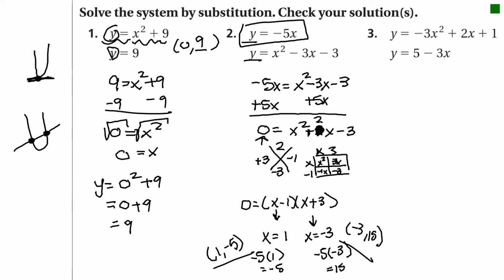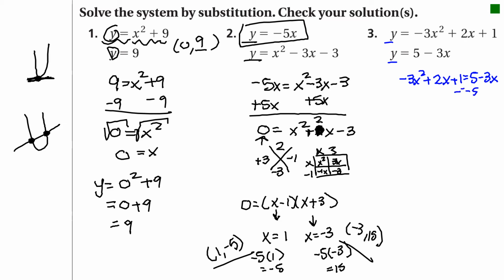All right, let's go to our last problem that we're going to use substitution with. They both have to say variable equals. So we'll have 3x squared plus 2x plus 1 equals 5 minus 3x. I'm going to combine my like terms.